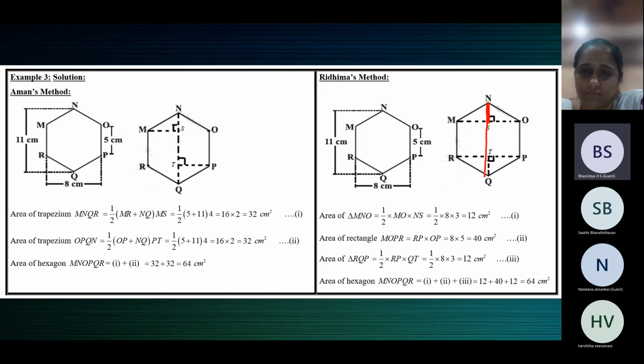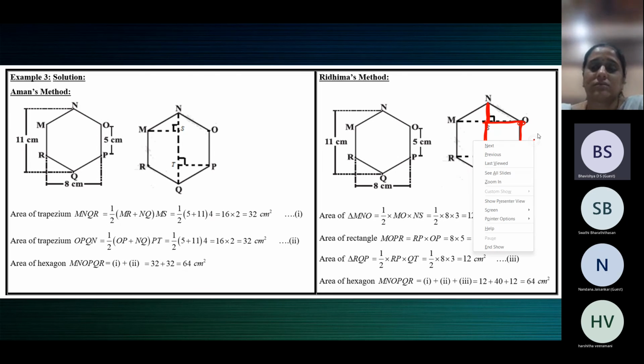NQ is 11 centimeter, ma'am. Very good. NQ is 11 centimeters. Now this is a rectangle. This one is a rectangle, correct? Yes, ma'am. Okay. How much is OP? OP is 5 centimeter, ma'am.